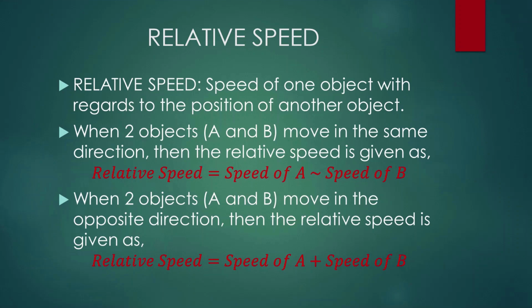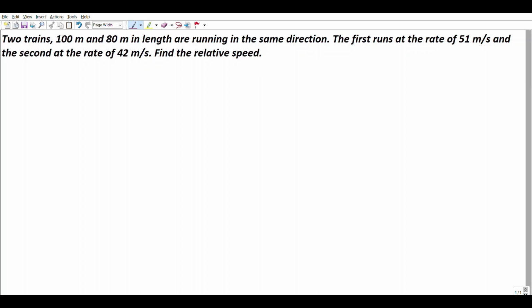Let us solve one problem quickly to recap how this works. Two trains 180 meters in length are running in the same direction. The first train runs at the rate of 51 meters per second and the second train runs at the rate of 42 meters per second. Find the relative speed.